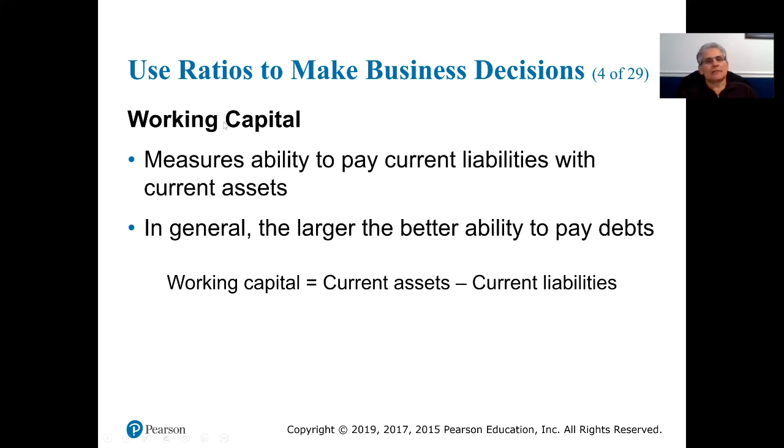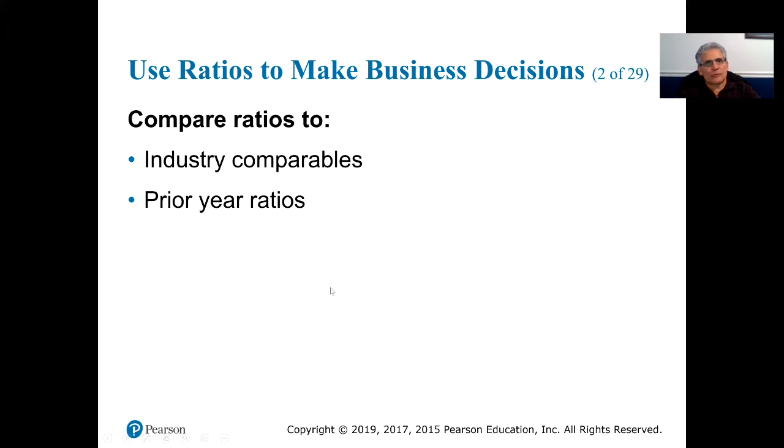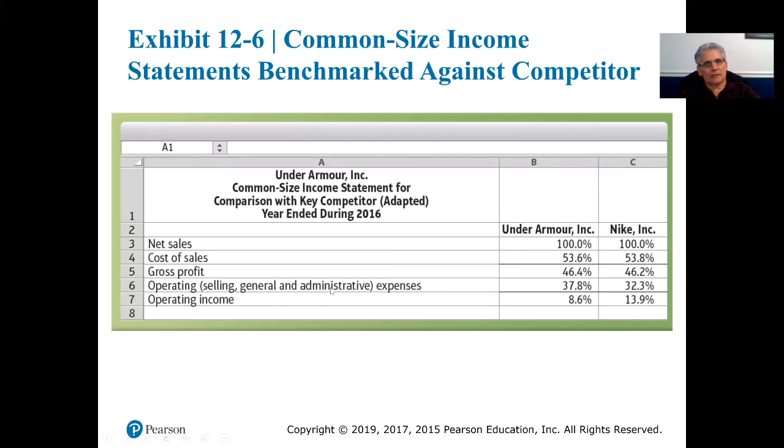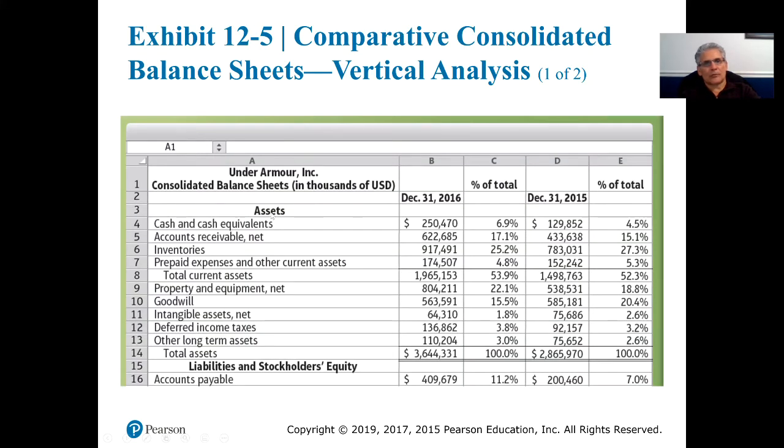Okay, so let's look at the first ratio, working capital. Working capital is simply taking current assets minus current liabilities. Well, we're going to flip back to the balance sheet of Under Armour. We'll focus on 2016.